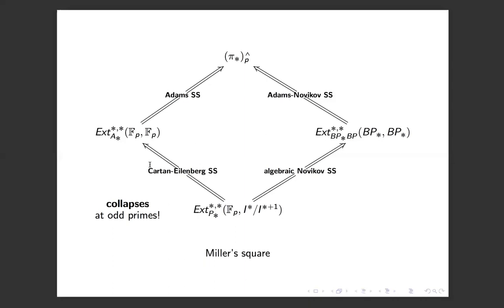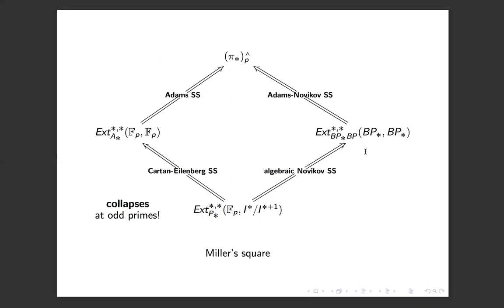But at all primes, nothing happens in this spectral sequence. So that means all the information in the Adams differentials will happen partly in the algebraic Novikov and partly in the Adams-Novikov. That means at all primes, the Adams-Novikov E2 page, if we can choose to start from here, is always going to be better than the Adams because half of the job is already done.